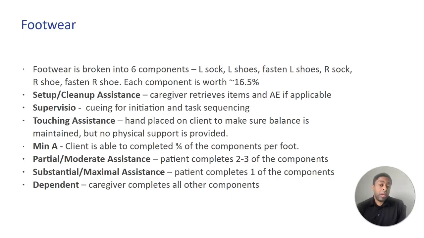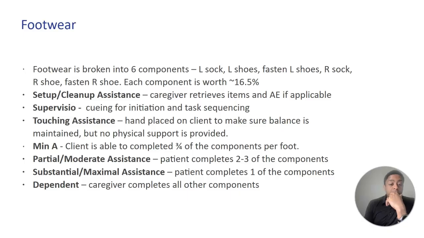Now, if the person wears slip-on shoes, which are pretty common right now, right? Who wears lace shoes anymore, right? In that case, the components come down to 4, and that essentially will follow the same rule as the upper body and lower body dressing, meaning the shirt and the pants, right?